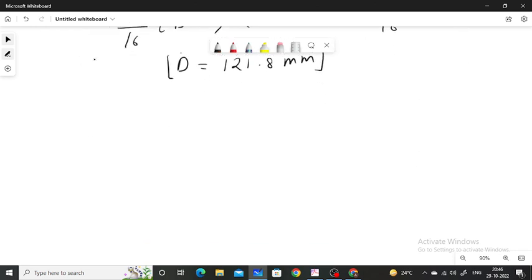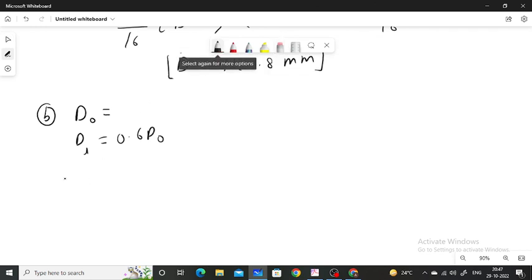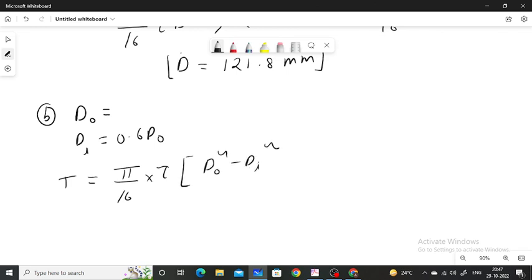Now come to the second part. Let D_O be the outer diameter, D_I the inner diameter. Here inner diameter is 0.6 times the outer diameter. Now the torque transmitted will be equal to pi by 16 into tau, on the outer.